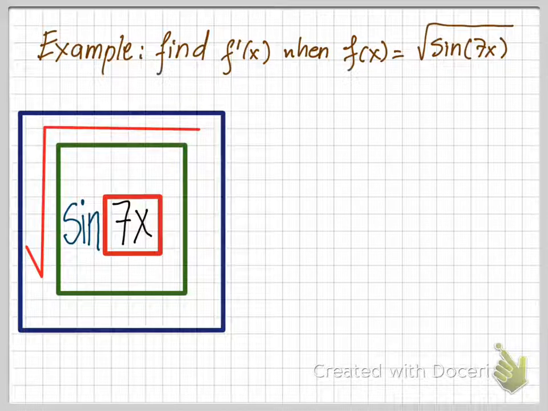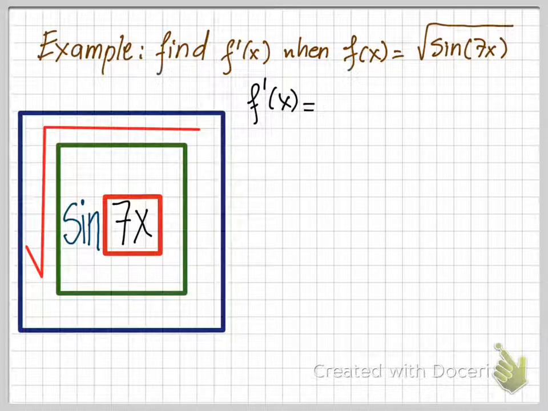How can we use the chain rule to find the derivative of this function? We think of each function here as a box. So we have the biggest box, the outermost box, representing the square root. Then you go to another box representing sine, and the innermost box representing 7x.